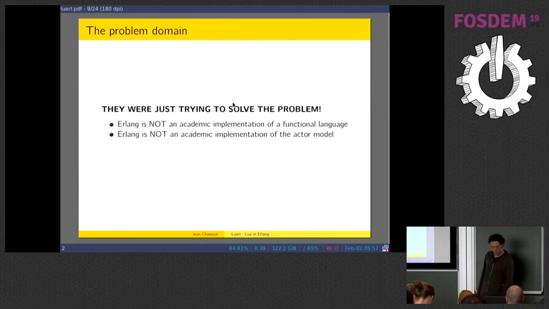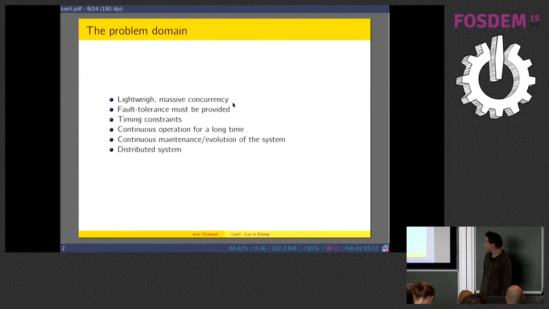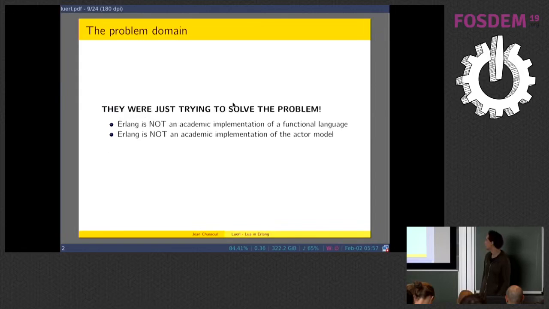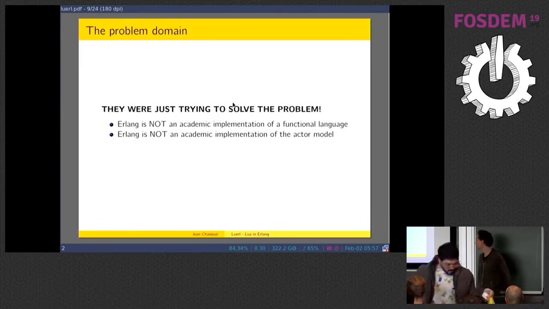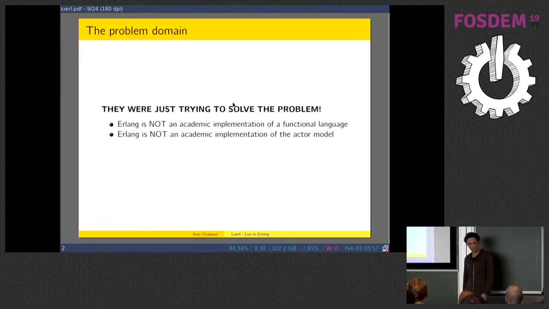So they had this problem, and Erlang is the result of that problem. It's not an academic implementation of a functional language, and it's not an academic implementation of the actor model. They later discovered Carl Hewitt's papers and compared, but it's not that they were pursuing that goal.